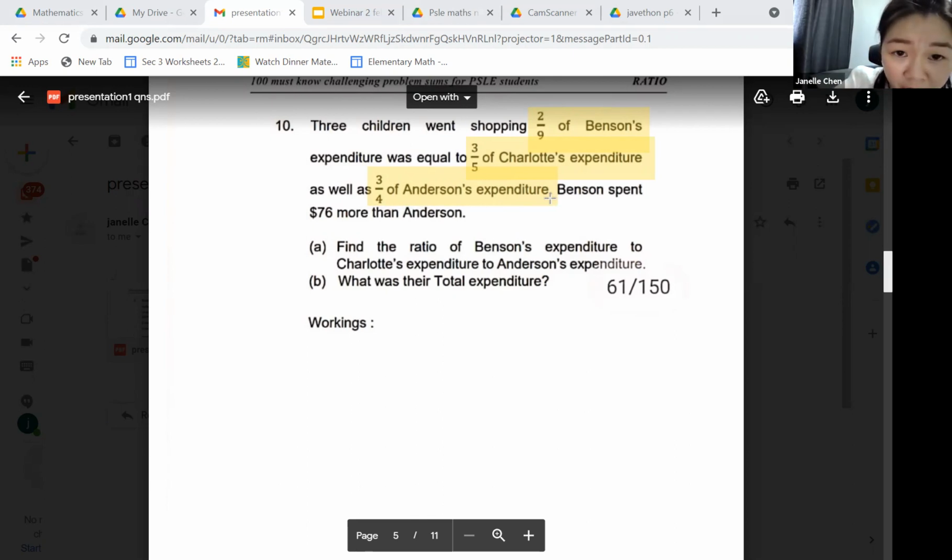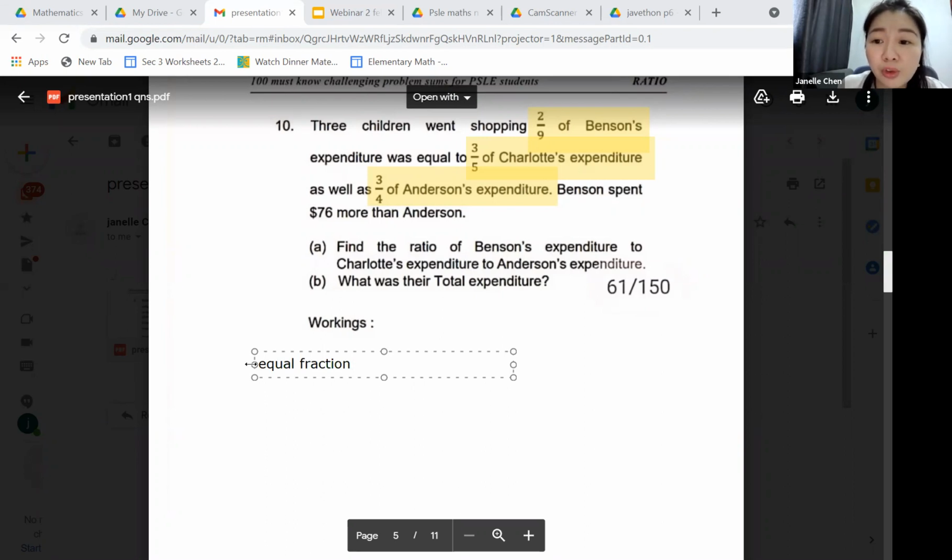For those that do not understand what equal fraction actually means, I will go through it shortly using a model, but I will use a shorter method to finish this question first, which will benefit students who already understand what equal fraction means.